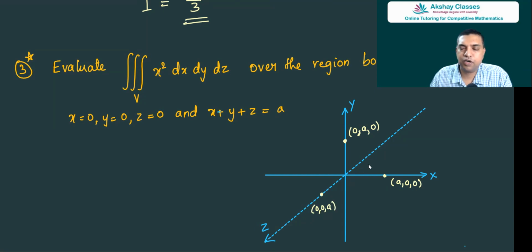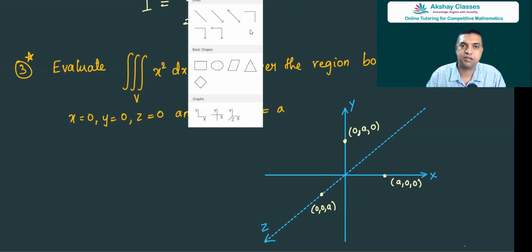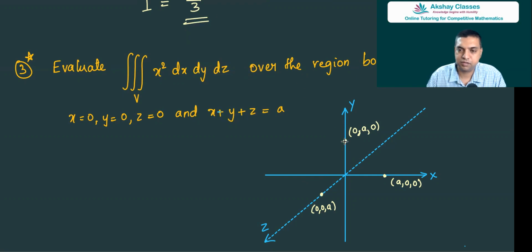So for a line, we require 2 points through which a unique line passes. And if there are 3 non-collinear points, then a unique plane passes through them. So this plane forms a tetrahedron with 3 sides perpendicular to each other.